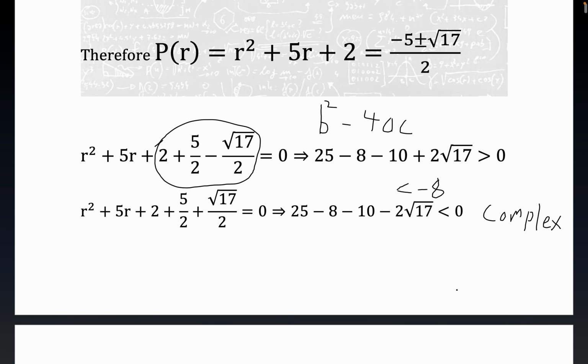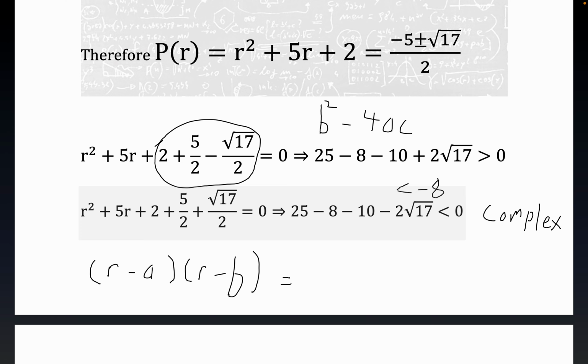Now, if you're not seeing that, just think of it like this. If you have R minus A, where A is a 0 or a root, times R minus B, where B is a root or a 0. Okay, let me write this like this. Equal to 0.